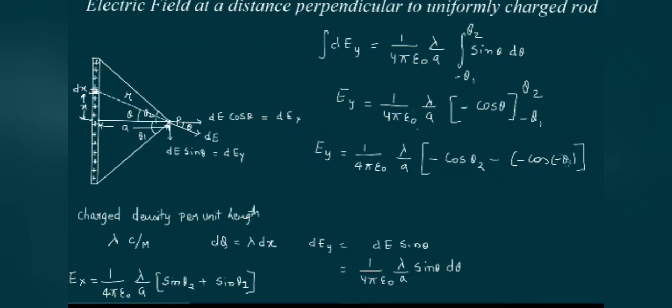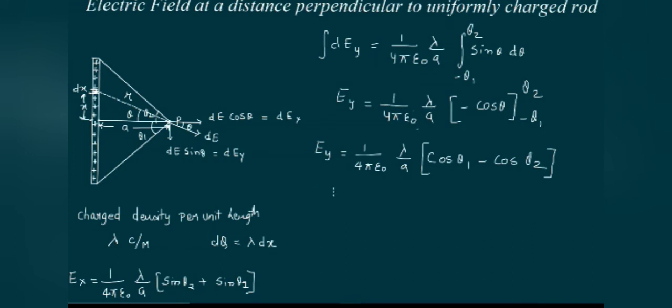Cos of minus theta 1 is cos theta 1, so we get cos theta 1 minus cos theta 2. Therefore, Ey is equal to 1 by 4 pi epsilon lambda by a, cos theta 1 minus cos theta 2.